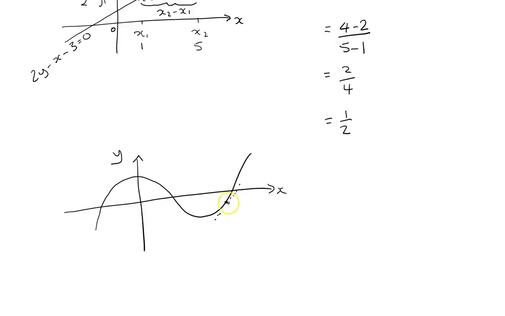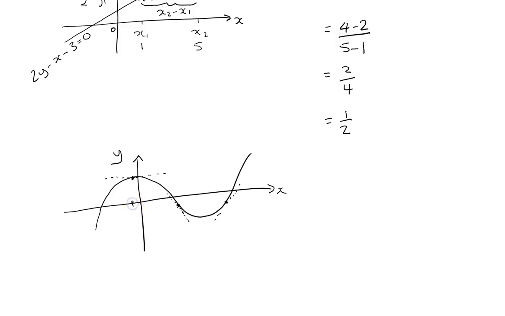And that's a positive value. However, at this point on the curve, which is this x value here, the tangent to the curve is a negative value, so we've got a negative gradient. And if we're to choose this point here, that's the very top of the curve, so the tangent to the curve at that point is actually a horizontal line, so it has a gradient of 0.